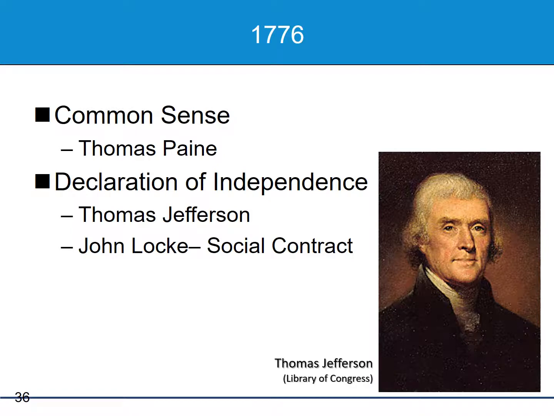A lot of what we see in the American Declaration of Independence is based on John Locke's social contract theory. And when we look at the Declaration of Independence, the actual declaration is really three parts. The whole first part talks about the social contract theory, that there is this contract between governments and their people, in which the government is supposed to take care of the people, to look after the people.